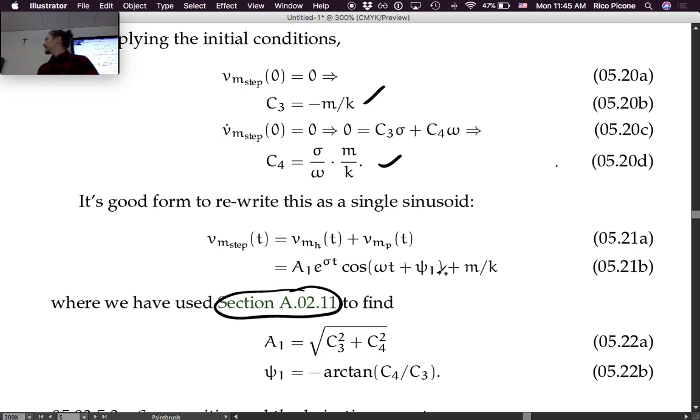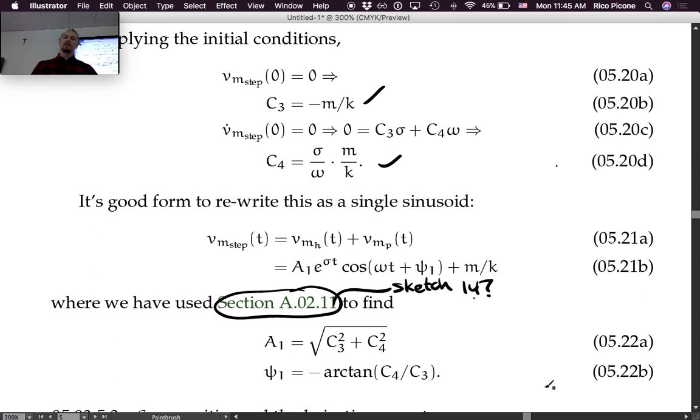Is it 11? I was thinking it was 14. It's 14, isn't it? I don't know why it says 11. Don't trust 11. 14, question mark? Okay.